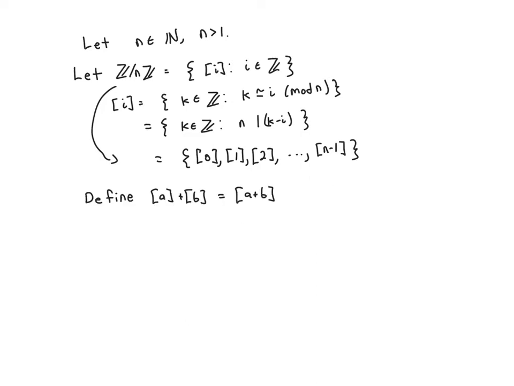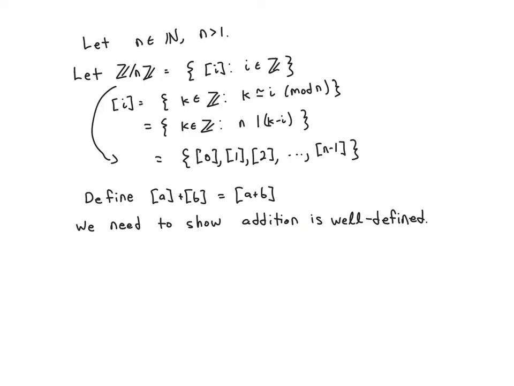So I'm going to turn this set of integers modulo n into a group, and here's my definition. [a] plus [b], the sum of the equivalence classes, is just going to be the equivalence class of a plus b. Now, before I can prove that this structure with this addition operation is a group, I actually need to show that this addition operation is well defined.